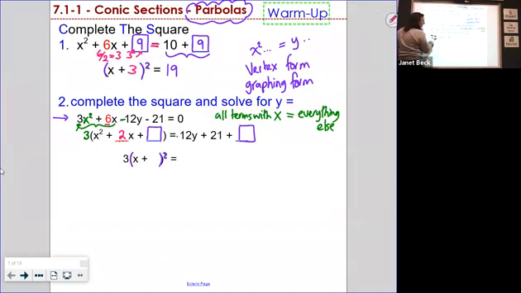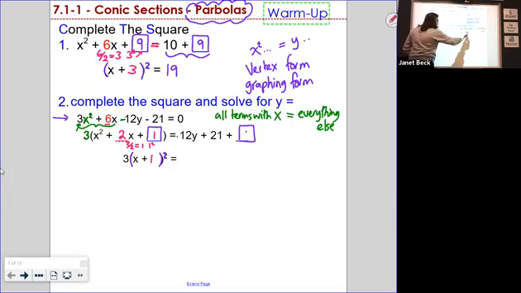This number here, we cut it in half. 2 divided by 2 equals 1. That's what goes in our perfect square. And then we square it and put it back. 1 squared is 1. Now, because we added that to the left of the equal sign, to keep this in balance, we have to add the same thing to the other side. So what am I really adding there?